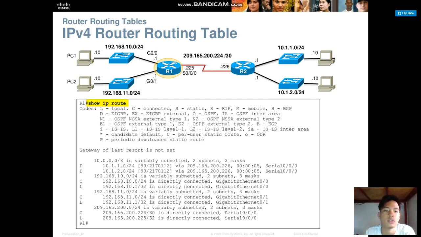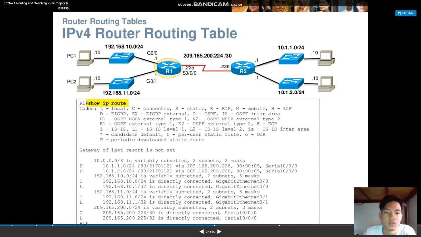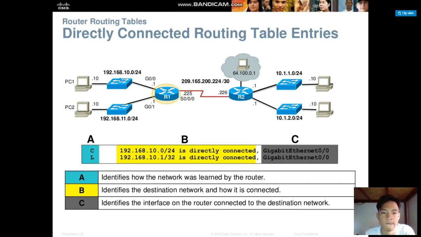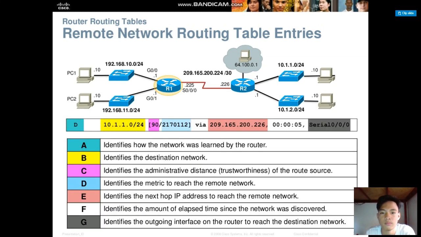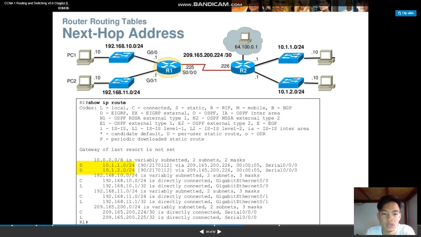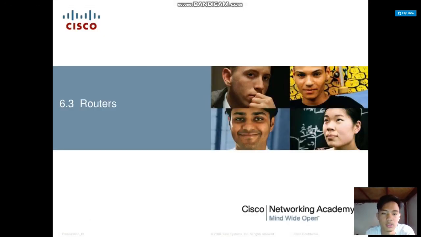In this document we're using the show ip route command, showing directly connected routing table entries, remote network routing table entries, and the next hop address. The highlighted part is the next hop address.